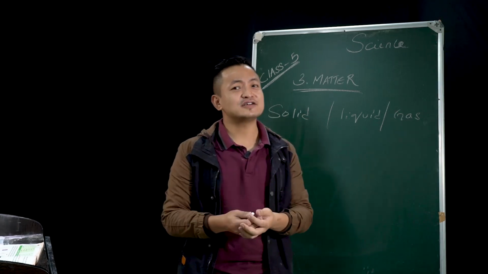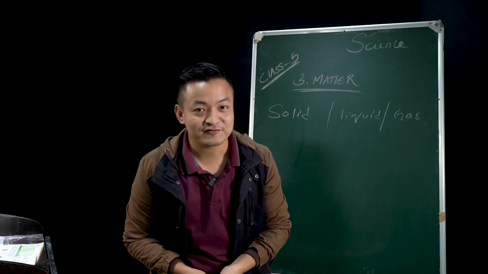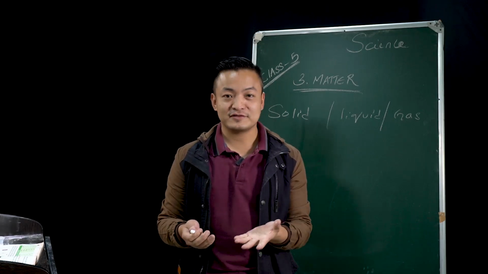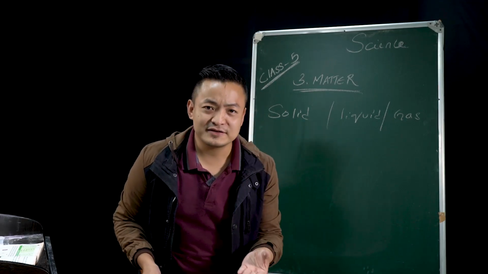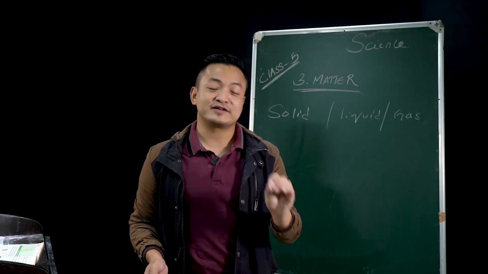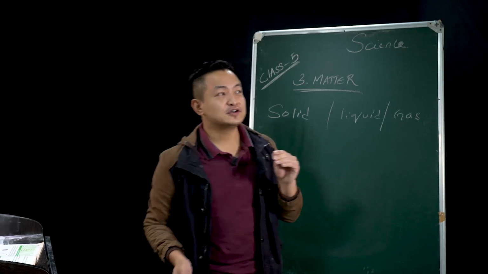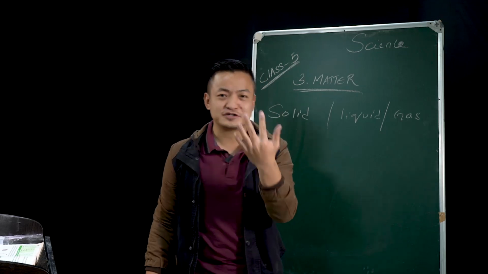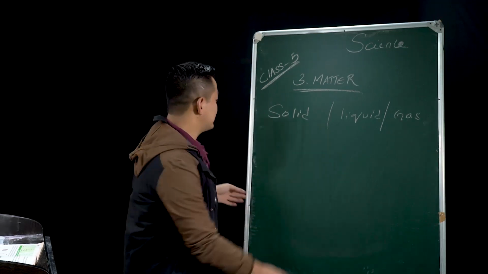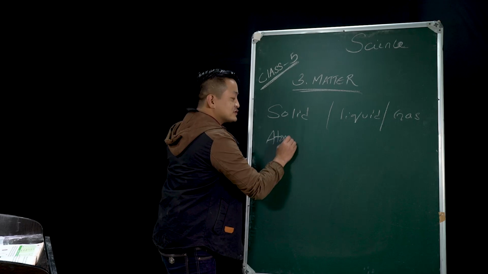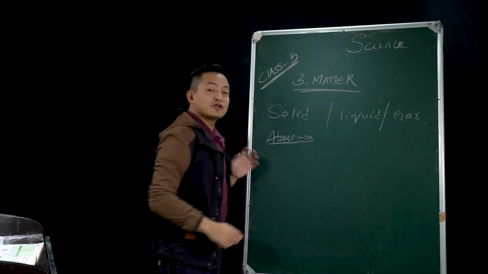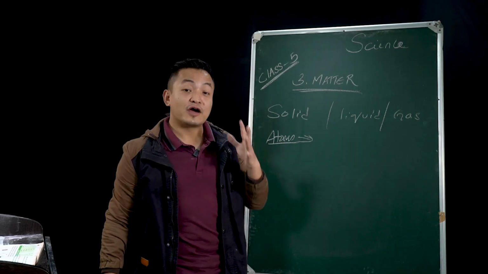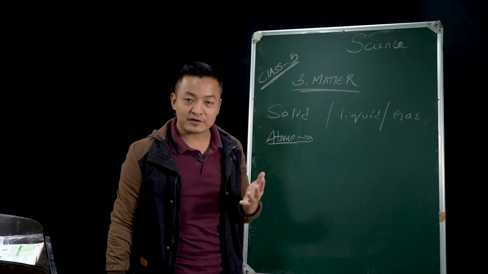Have you ever heard about atoms, my dear class 5 students? Atoms are tiny particles. Do you think you would be able to see atoms with just your naked eye? No. Atoms we cannot see with our naked eye. We have to do it with the help of a microscope.